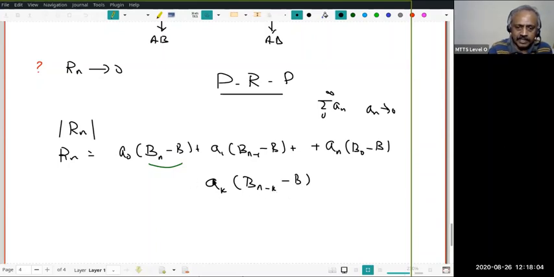If k is very large, the bracket term I do not know how to estimate, but I know how to estimate mod a_k. So that means I have to divide the sum into two parts, so that I can manage what I should estimate, mod b_n minus b or mod a_n. You understand this? Right. So if I want both to be big, see, notice that. Have you understood this? Okay.